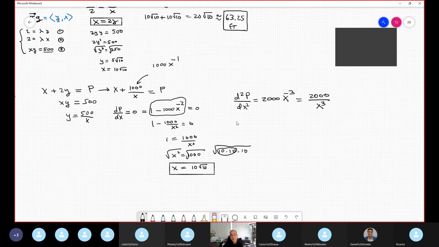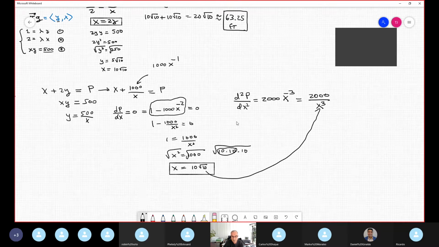And when you plug in our value of x here, you can see the second derivative is greater than 0. It's because the concavity of this function is concave up.